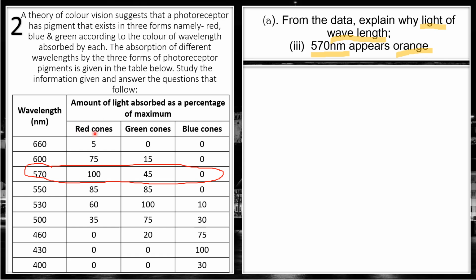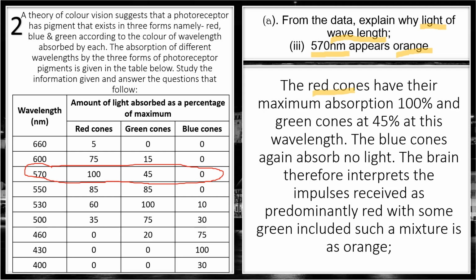And you can see that the red cones absorb 100% of that light, and the green cones absorb 45% of 570 nanometer wavelength light. But the blue cones don't absorb any of that light wavelength.